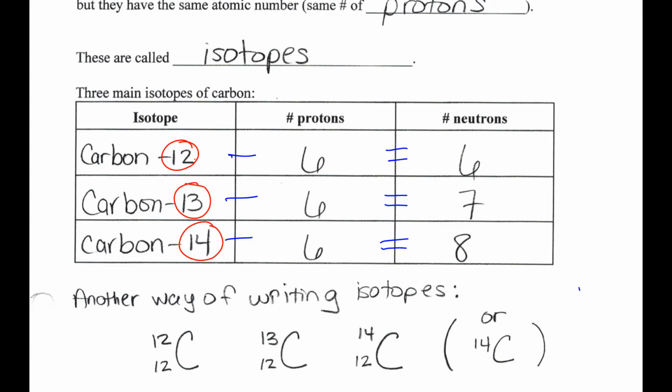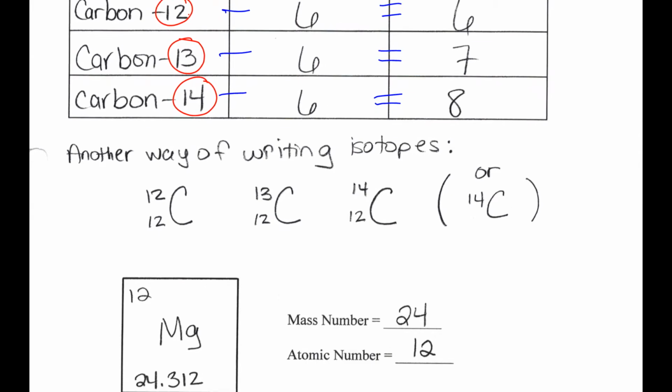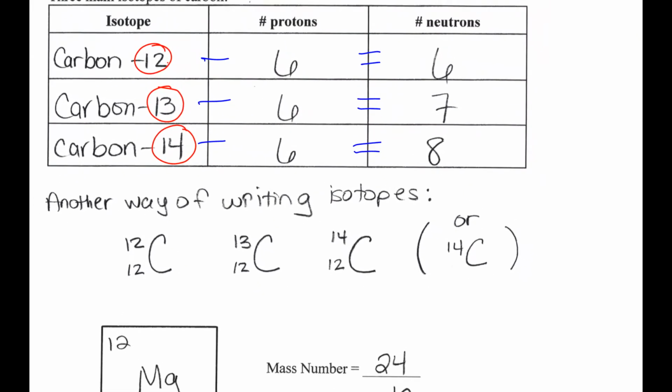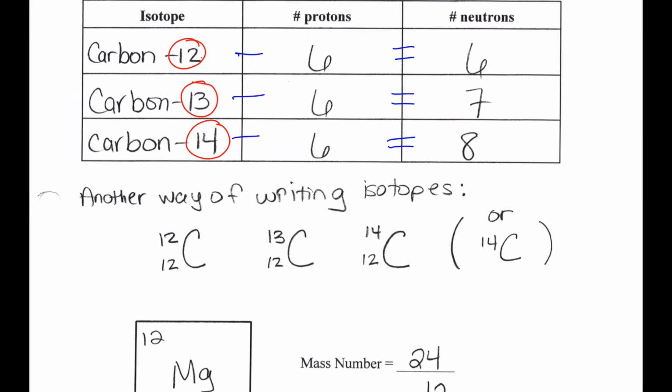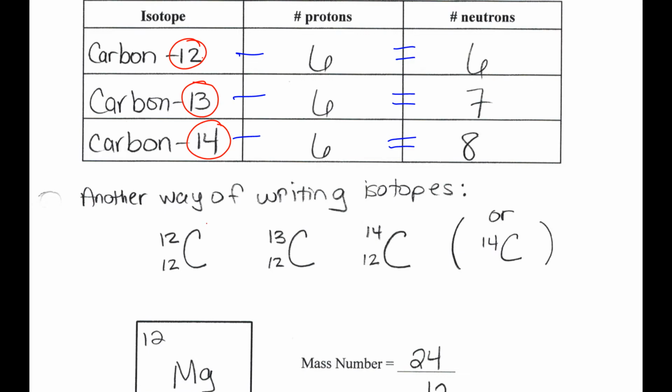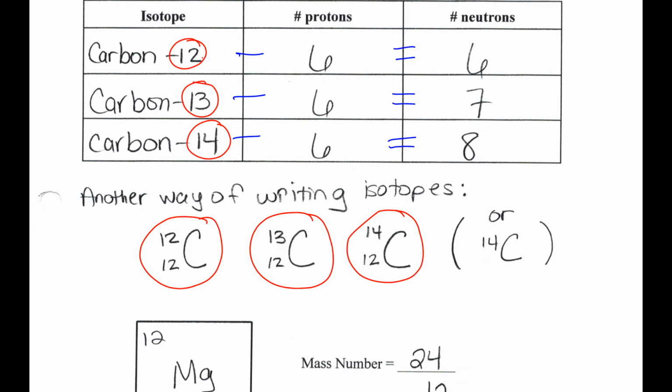Now there's another way of indicating the isotopes. There's another way of writing it. We write it like this, with carbon 12, carbon 13, and carbon 14. Sometimes it's written the other way.